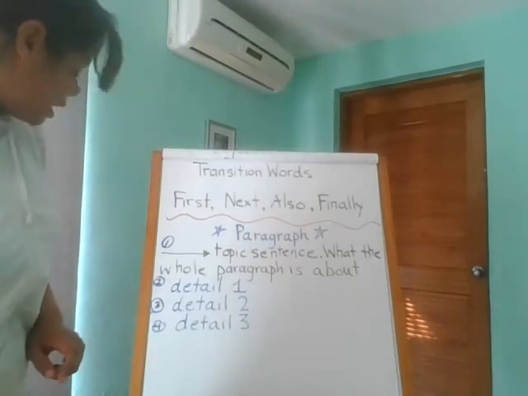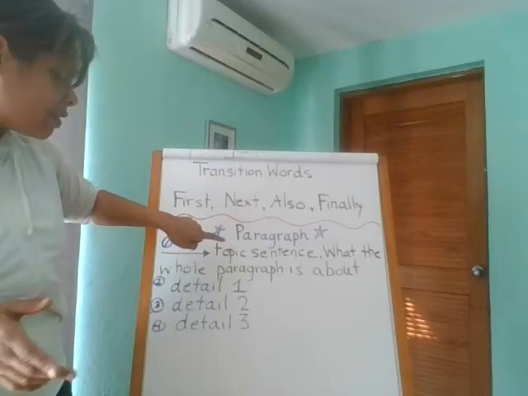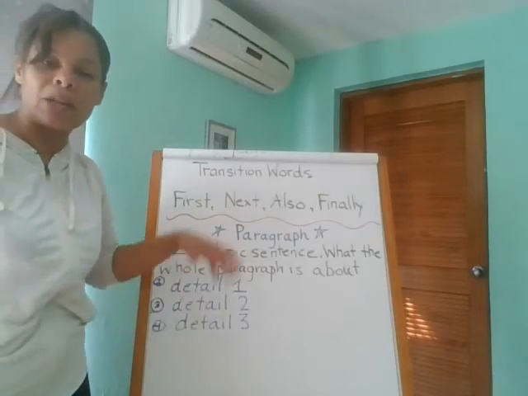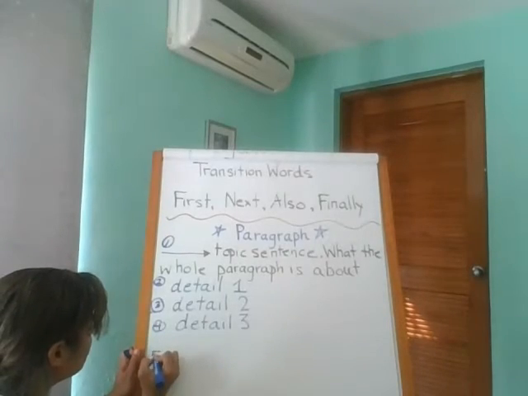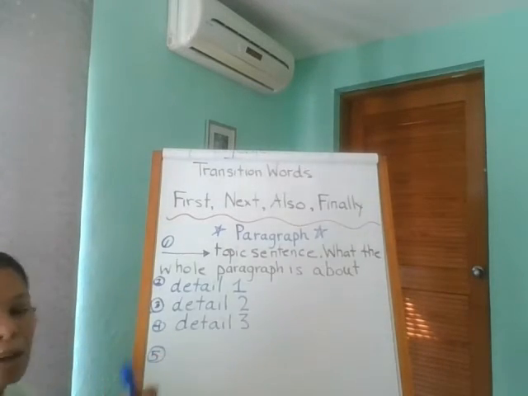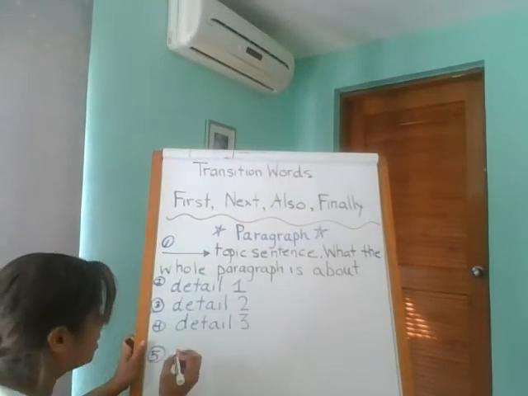And then last but not least, number 5, this is going to be our closing sentence. So it's almost like we say the topic sentence in a different way. So we're just summing it all up. So I'll put number 5. This is wrapping everything up. This is our concluding or closing sentence.